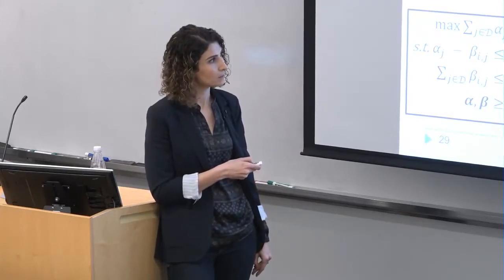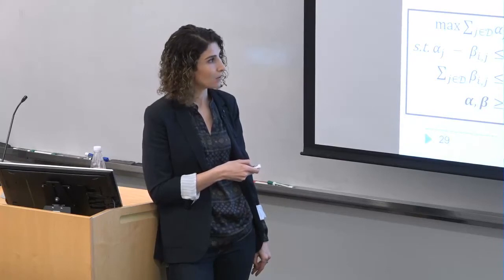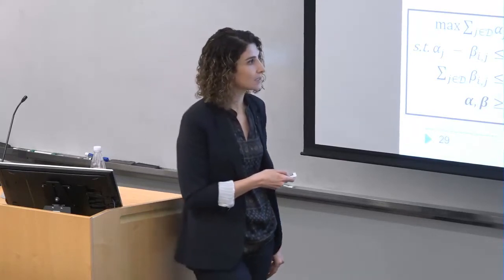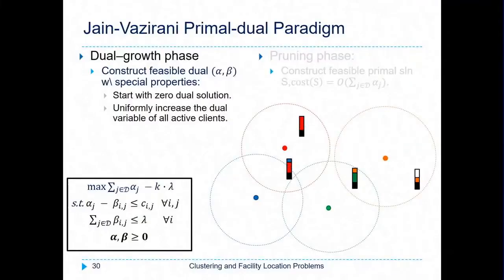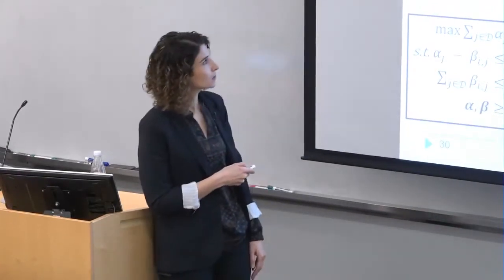For example, the blue and red clients become inactive now. Then we continue the algorithm until all the clients become inactive. In the next step, this facility becomes tight, and these two clients contributing toward it stop increasing. Then everything becomes inactive. This concludes the first phase of the algorithm.